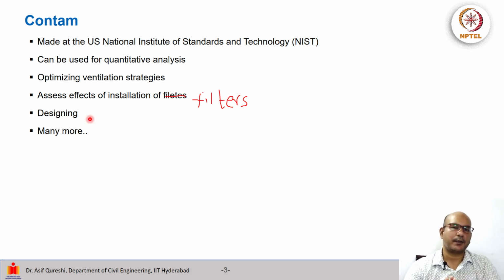We can use this at the designing phase itself, for the location of ventilation, the location of ducts, the quality control we want to apply in those inlets and outlets, and many more. So the program itself has a lot of possibilities.